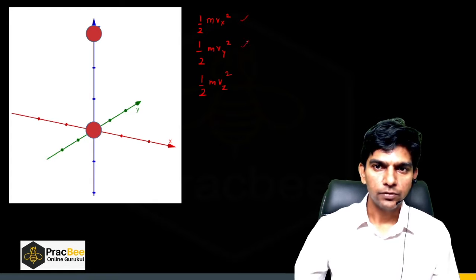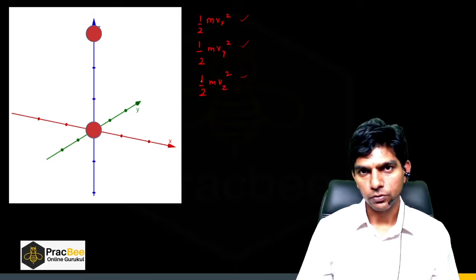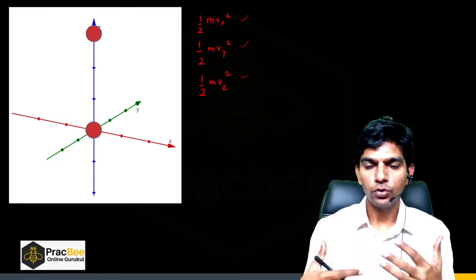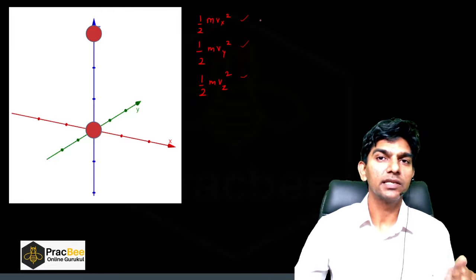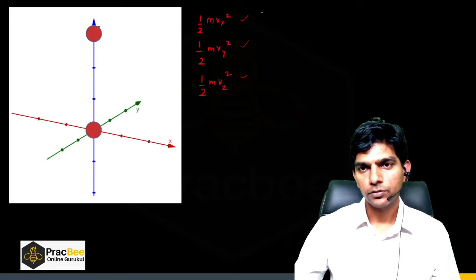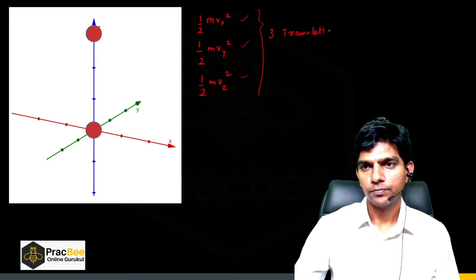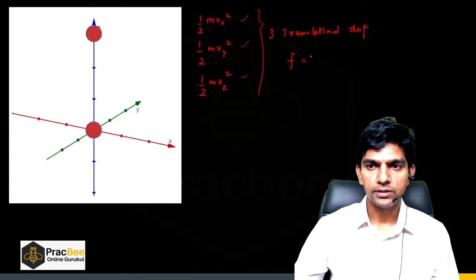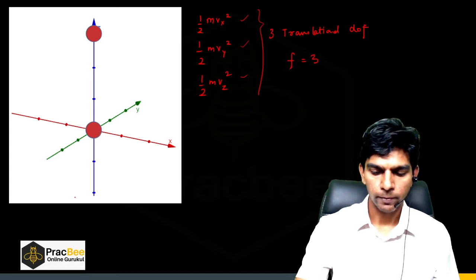So these are the three different ways we can give energy to this molecule. Now let us take a case. So we can say the monatomic molecule has 3 translational degrees of freedom. And degree of freedom is denoted with the letter F. So this is 3 in case of a monatomic molecule.